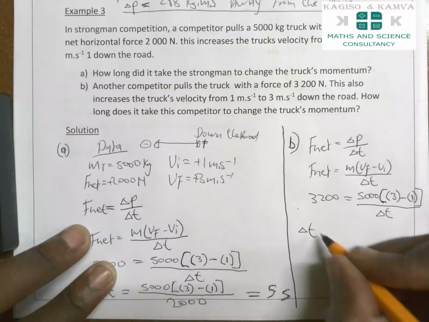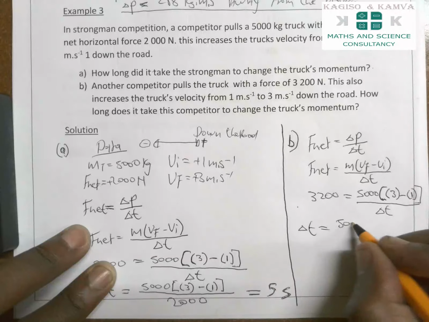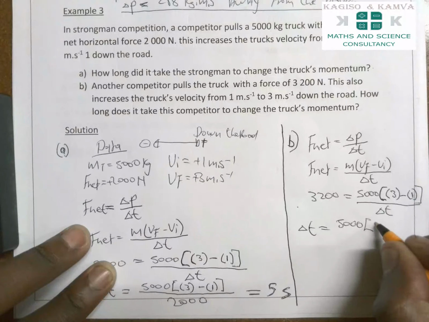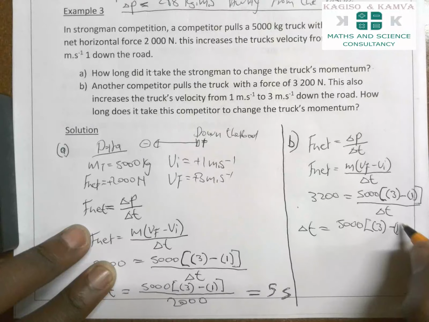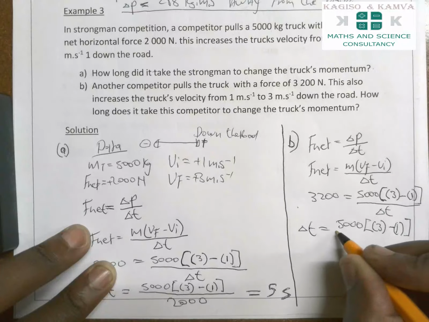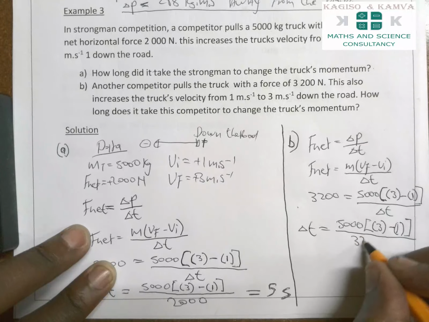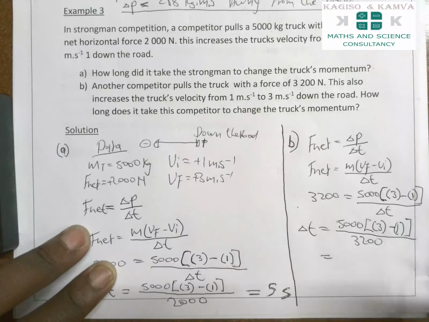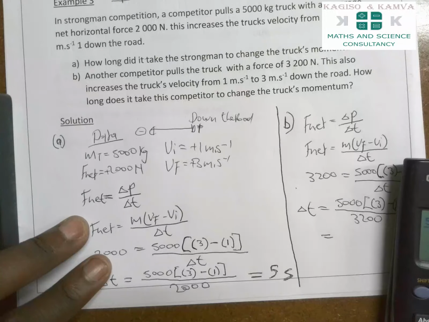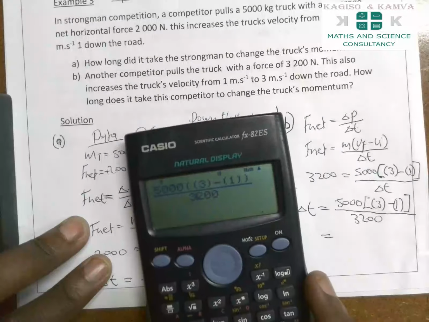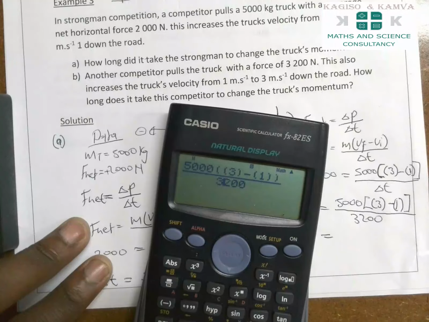The change in time is going to be equal to 5,000 times (3 minus 1) all over 3,200. So 3,200, there we have it.